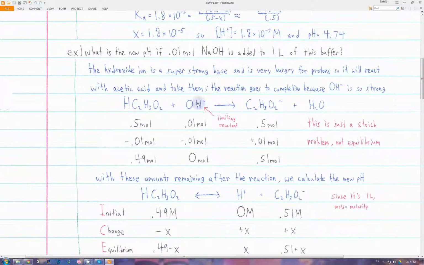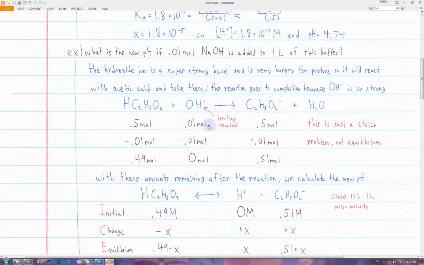So first we have to find out the final amounts of the species after this reaction takes place. Notice how this is not an equilibrium problem. This is just stoichiometry, since this reaction goes to completion instead of reaching equilibrium.